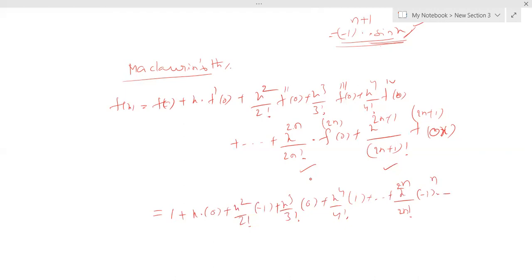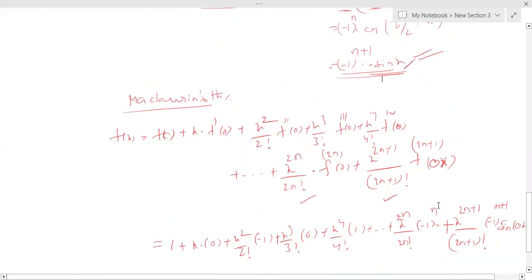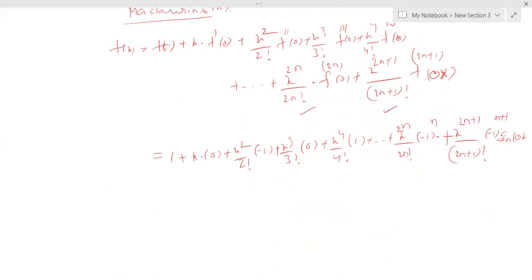Cos 0 is 1, leave it; no need to write it. The next term is x power 2n plus 1 by 2n plus 1 factorial into minus 1 whole power n plus 1 into sin of theta x. That's all, because the 2n plus 1th derivative of f(x) equals minus 1 whole power n plus 1 into sin x. Therefore, here you substitute theta x. That's all.